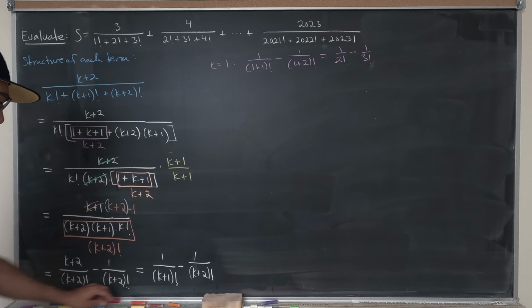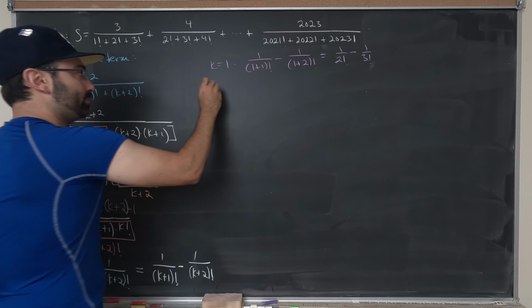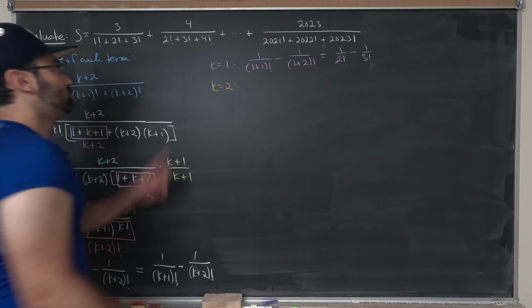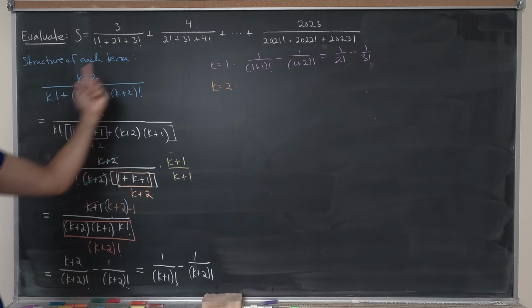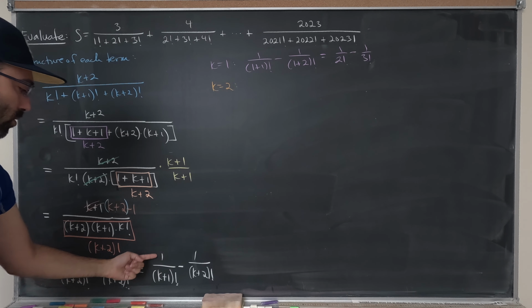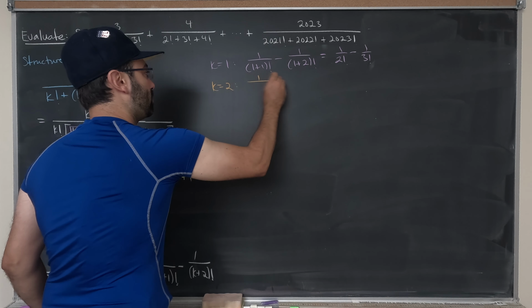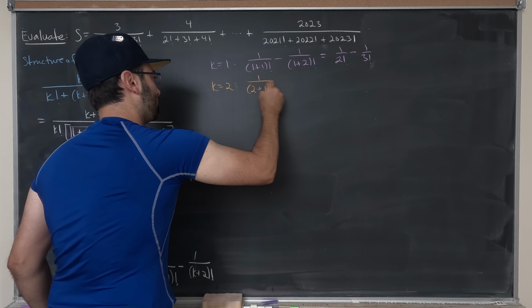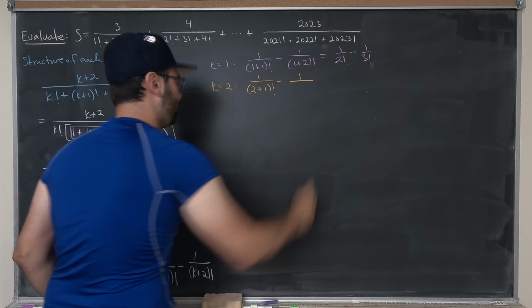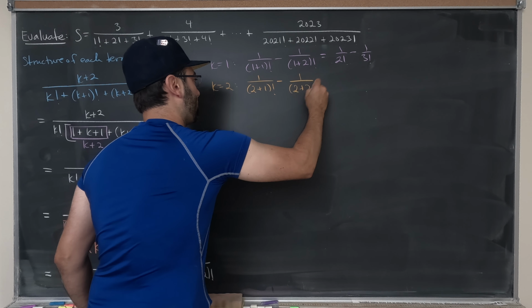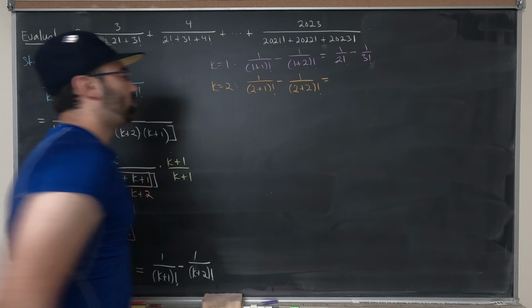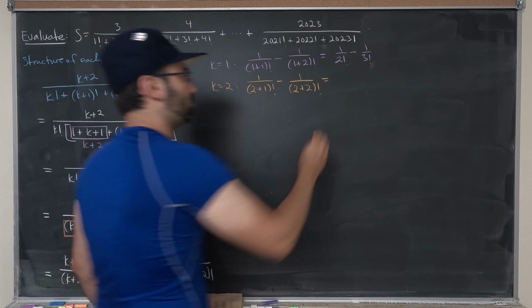How about when k is 2? So that'll correspond to this next term. Well, we have 1 over 2 plus 1 factorial minus 1 over 2 plus 2 factorial. But that's 1 over 3 factorial minus 1 over 4 factorial.